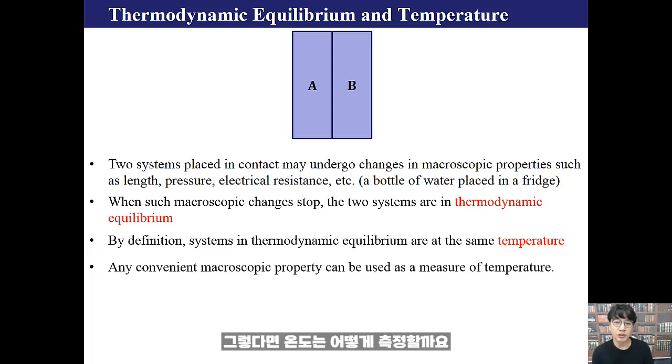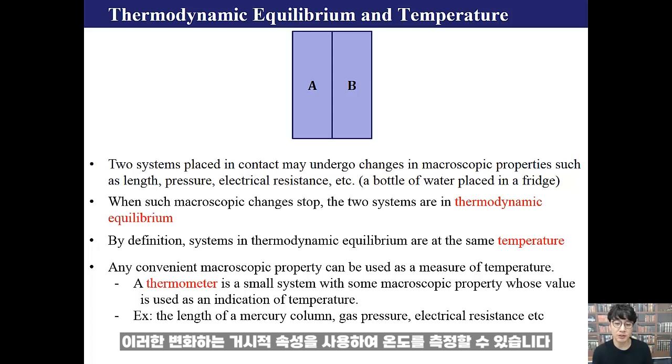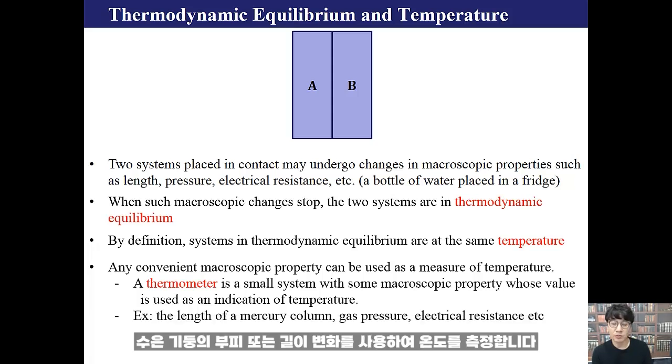So how do we measure temperature? We can measure temperature by using these changing macroscopic properties. Usually we use a thermometer, which measures temperature by using changing electrical resistance as a function of temperature, or, for example, the change of volume or length of a mercury column.